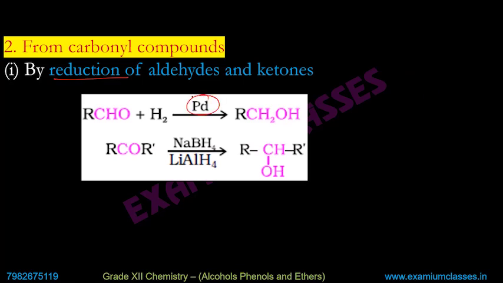Reduction is done by palladium or reduction is done by lithium aluminum hydride or sodium borohydride. Write down these reactions, very important. For aldehyde, palladium is preferred. For ketone, lithium aluminum hydride is preferred.